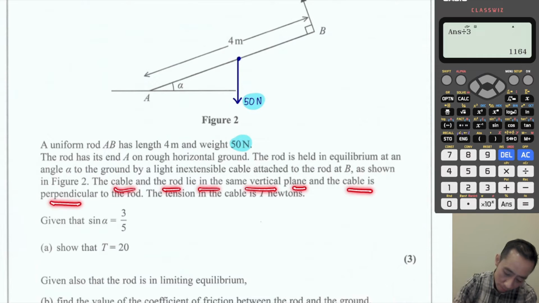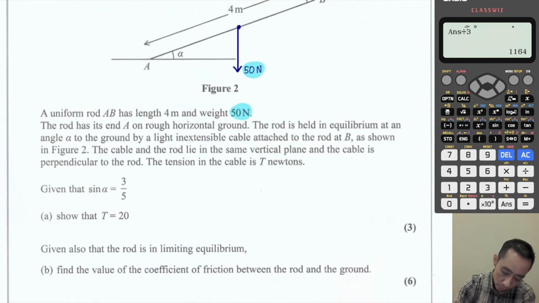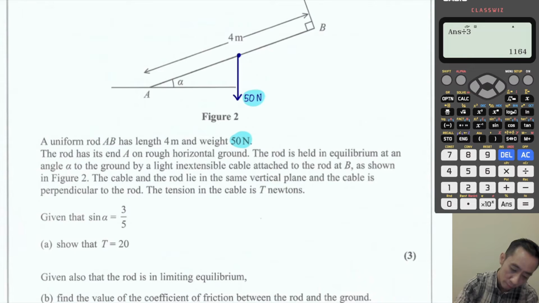The cable is perpendicular to the rod. So the tension is T Newton. So it's given here, T Newton. Sine alpha is 3 over 5. So always be given this information. What does it mean here?